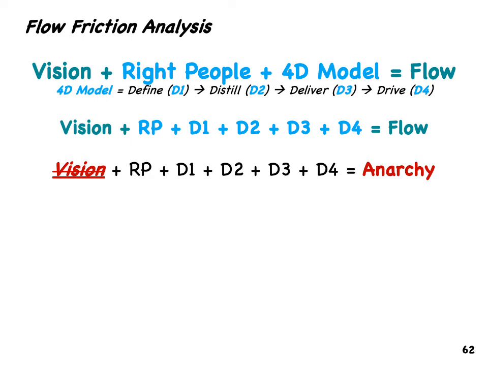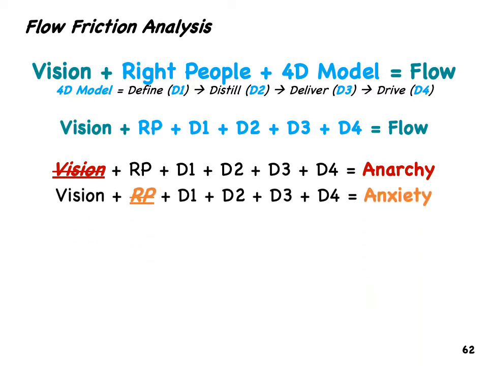However, if you don't have the right vision, or the vision's lacking, you probably have anarchy. So if you walk into a team or a situation and you feel that there's anarchy there, 9 times out of 10, it's going to be because there is no vision or compelling vision that the team can align with so that they can actually get their work done.